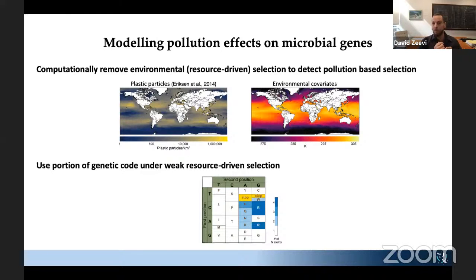We can computationally remove it and just look at the residuals of selection after we accounted for this resource-driven component of the selection, or we can even look at the genetic code and look for the regions in the genetic code, such as valine and alanine, that are under weak resource-driven selection, but strong selection for protein structure and function.